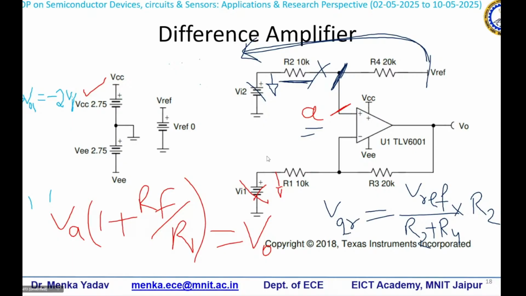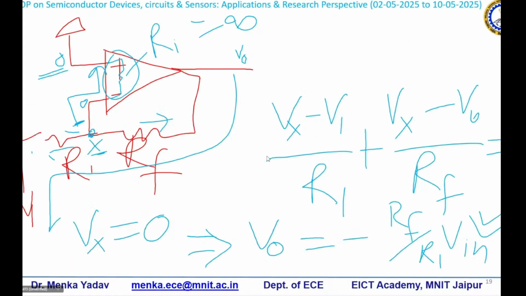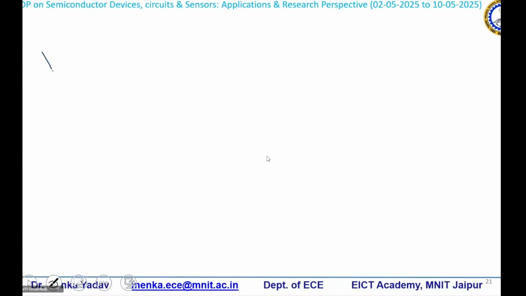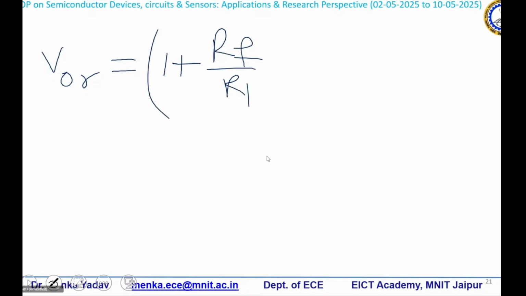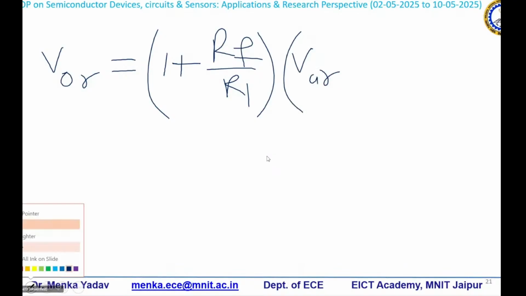Now this VAR we have to take into consideration for our VO calculation. So using this, because of this VO, let's say VOR, we have V reference. So this will become 1 plus RF upon R1 into whatever VAR, and replacing this VAR with the actual value.